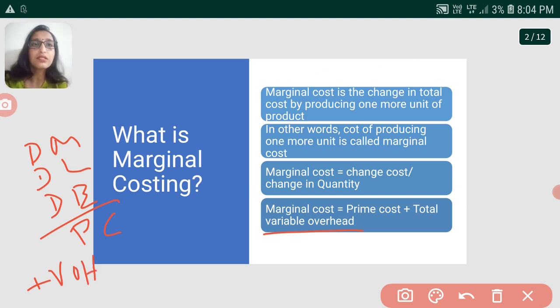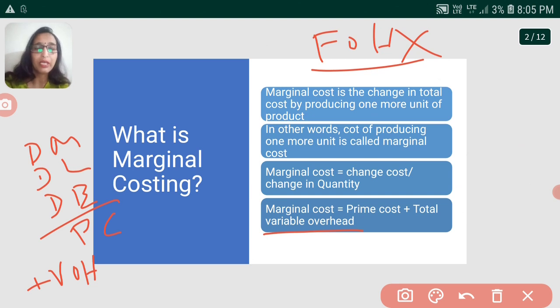We do not consider the fixed overheads, because marginal cost is based on variable cost, which fluctuates. So prime cost plus variable overhead gives marginal cost. Is it clear to all? So the meaning of marginal cost: a change in total cost by producing one more extra unit of the product is called the marginal cost.